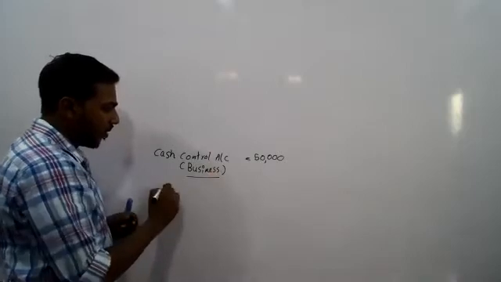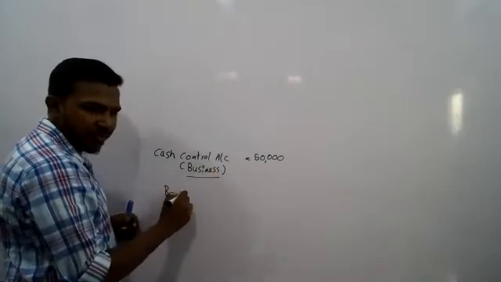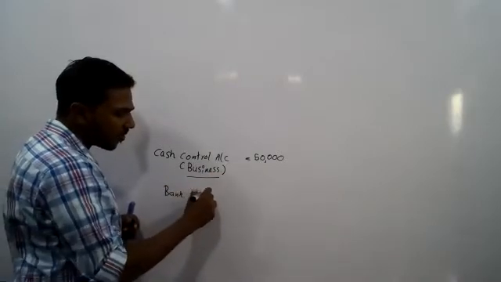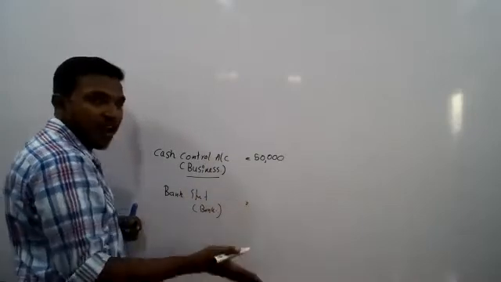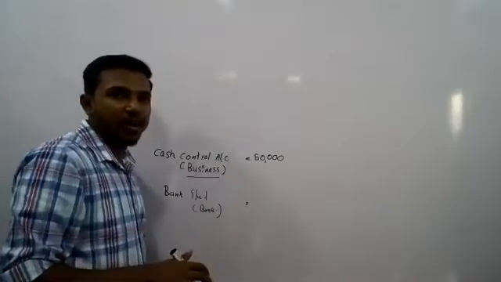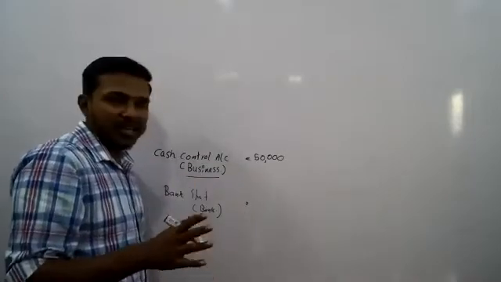Then the bank statement. The same transactions would be recorded by the bank statement. Who prepares the bank statement? The bank, because they also should be aware how much is there on your behalf.